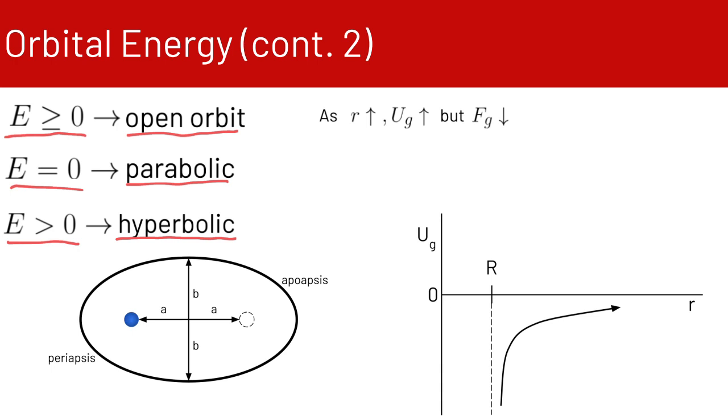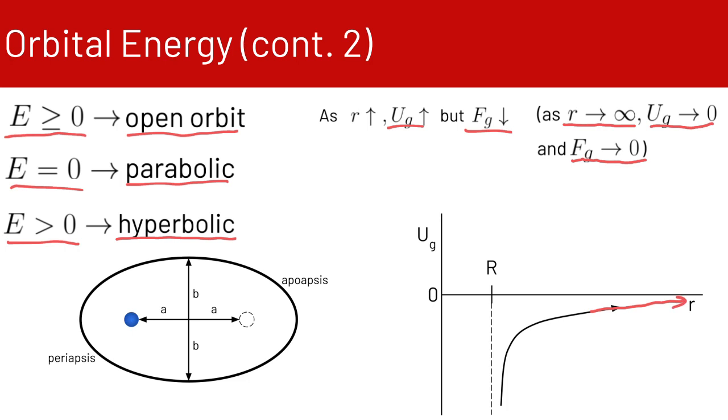So as R increases, gravitational potential increases, but the force of gravity decreases. As R approaches infinity, the gravitational potential is approaching 0 and the gravitational force approaches 0. But notice that this graph is asymptotic.